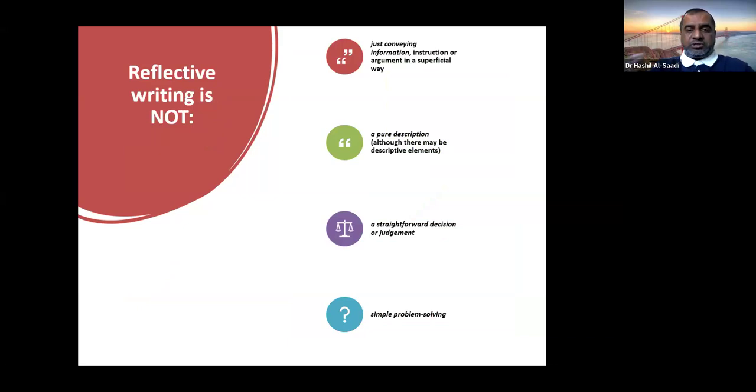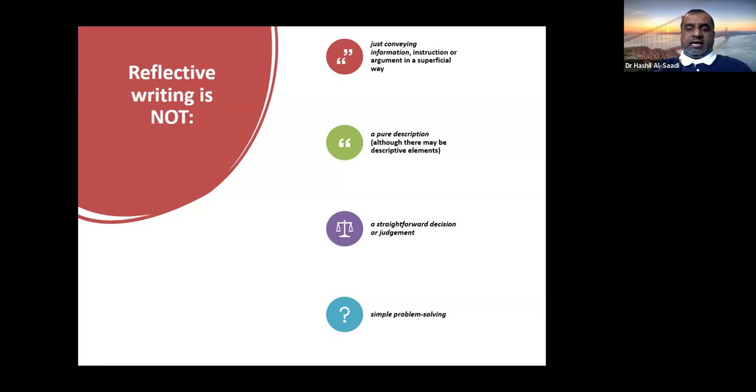It's not superficial, and it's also not a pure description. Although description can be involved, it goes beyond pure description to becoming reflective and critical as well.